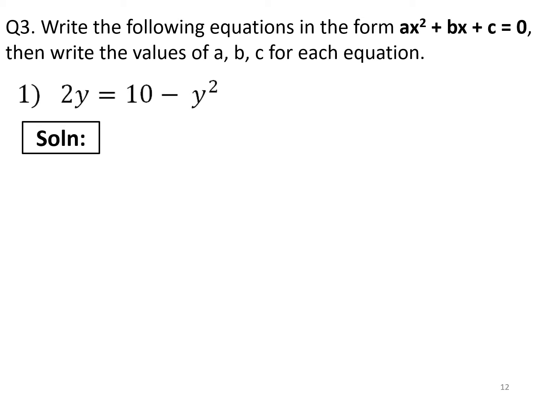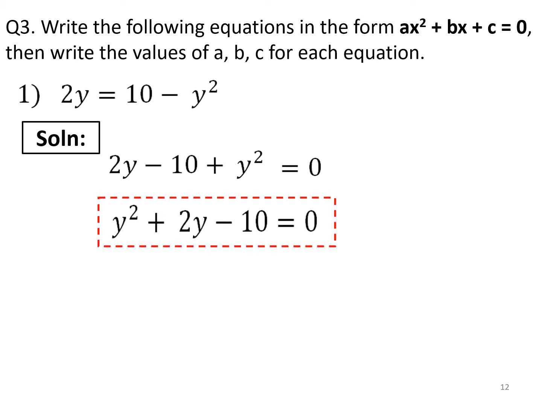We shall rearrange the equation first. 2y minus 10 plus y square is equal to 0. They have told us to write it in the form of ax square plus bx plus c. So on arranging in decreasing power, we will write it as y square plus 2y minus 10 is equal to 0.